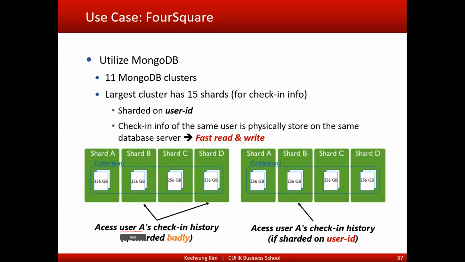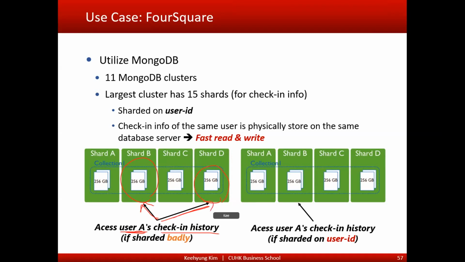Then user A's check-in history will be saved in many different documents. And if you don't use the user ID for the sharding key, it's possible some of user A's check-in information might be saved here on shard B, and another check-in of this user might be saved in shard D.